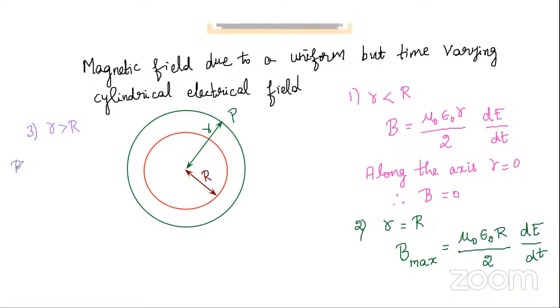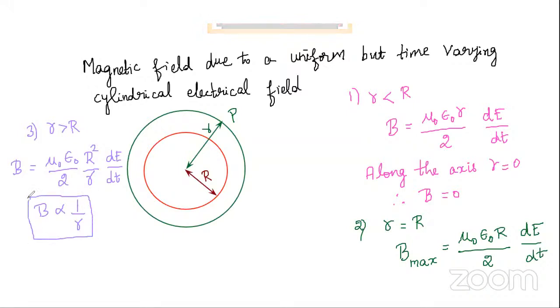B is equal to mu naught epsilon naught by 2 into capital R squared by small r into dE by dt. This shows that B is inversely proportional to small r.